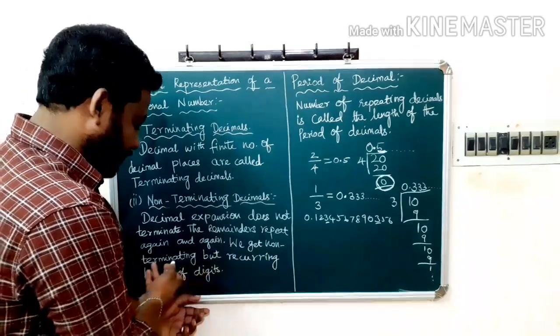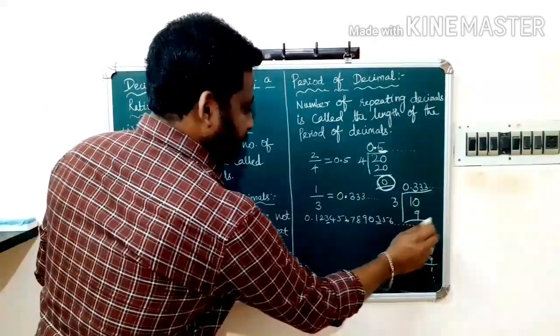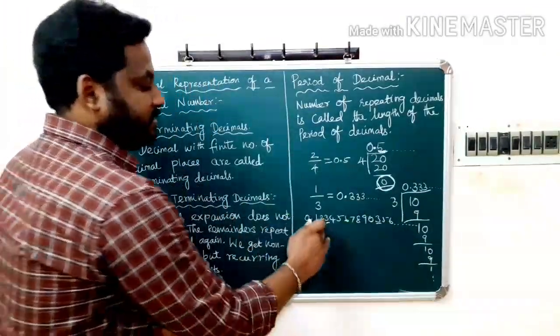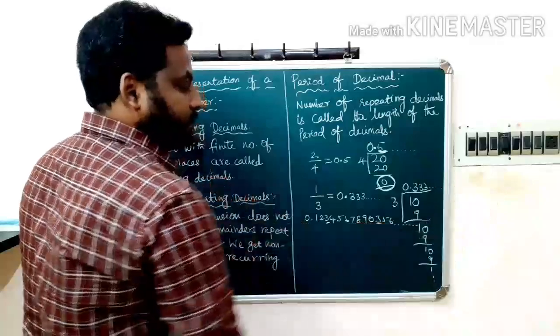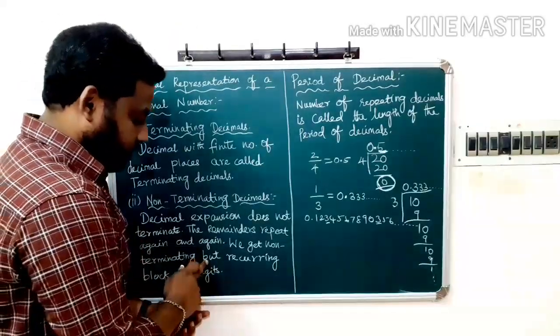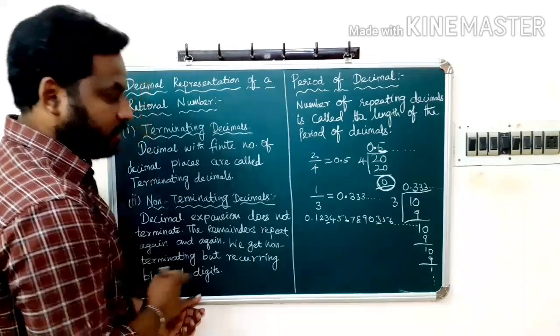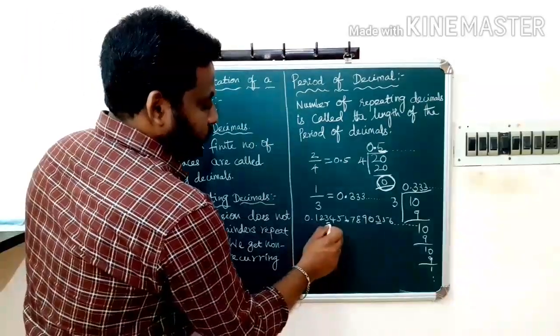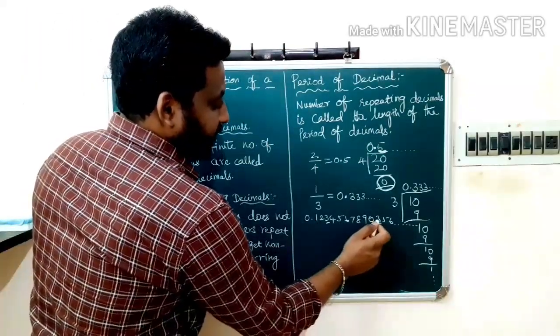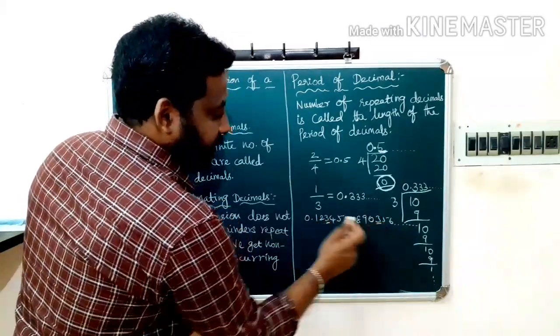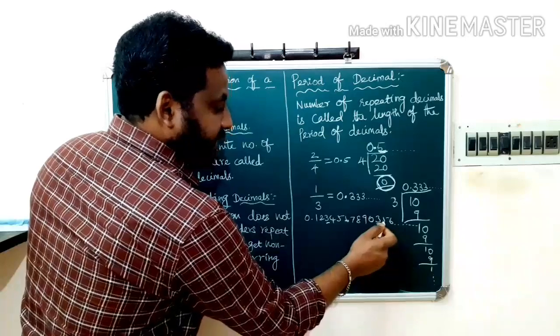We get a non-terminating decimal which goes up to infinity, but with a recurring block of digits. What is the meaning of recurring block? The numbers 1, 2, 3, 4, 5 are all different up to 0, and then 3 is a repeating number already written. So 3 is the repeating number.